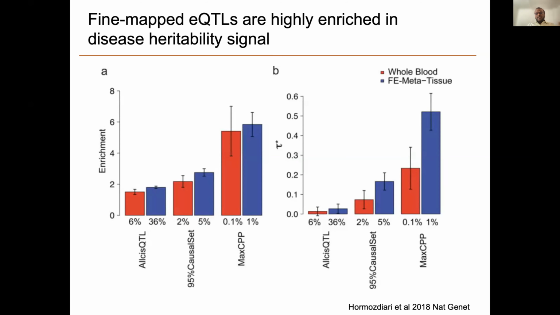What he observed was that there was definitely some enrichment for all cis-eQTLs in general, but he had this max CPP score, which was based on fine mapping. And when he looked at these fine-mapped cis-eQTLs using this max CPP score, he observed much higher enrichment and also much higher tau star, both for whole blood and for the meta-analysis across multiple tissues.